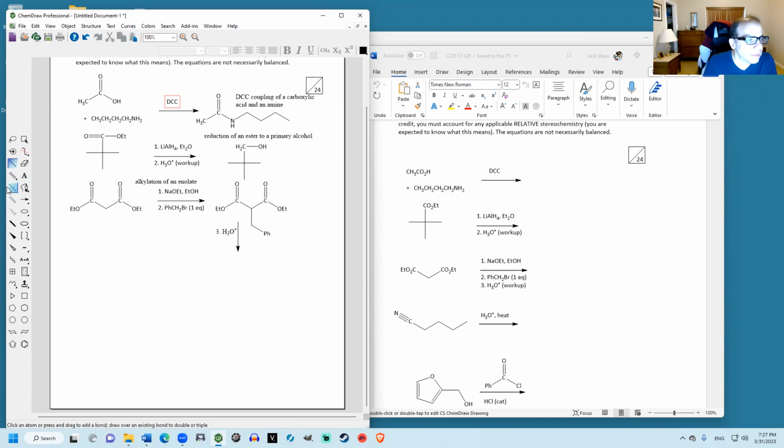And you will get the hydrolyzed and decarboxylated species. This then would be a malonic ester synthesis, which we did in class just today, Monday, Wednesday, Friday.